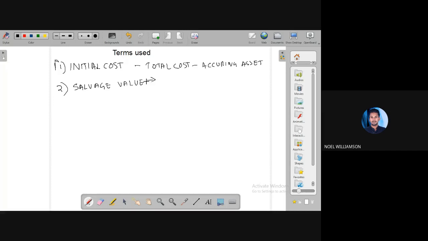That represents the salvage value. This is the estimated market value of the asset at the end of its useful life. That is the salvage value or scrap value.